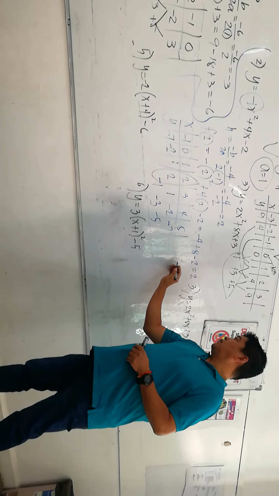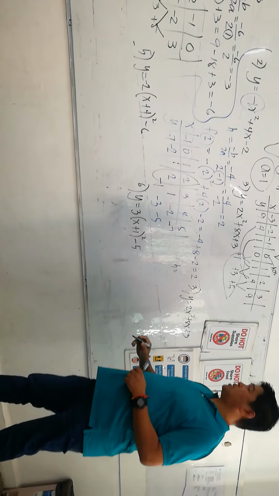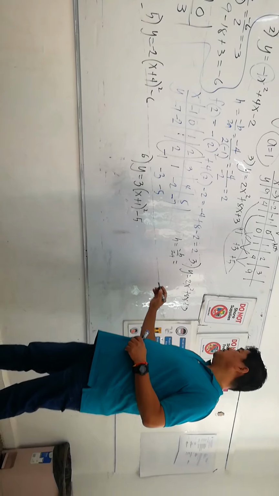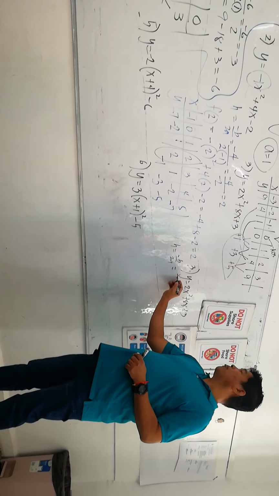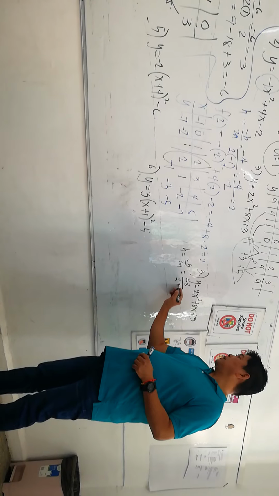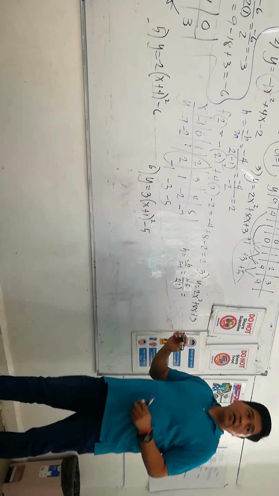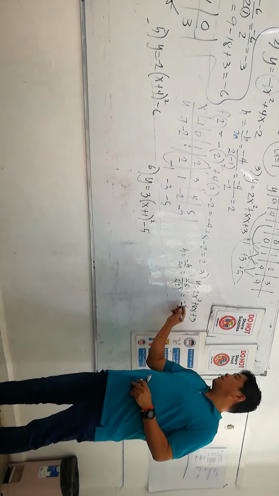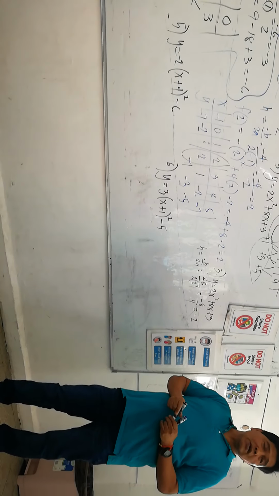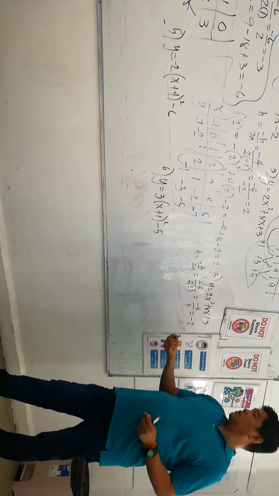So solve for h. What is our h? Negative b all over 2a. So that is negative of 8 all over 2 times positive 2. Negative 8 all over 4. It's equal to negative 2. So what is now our table of values?